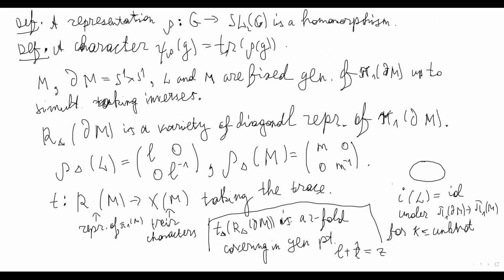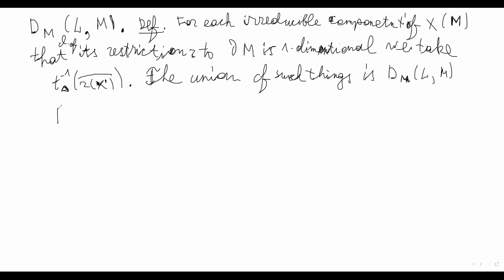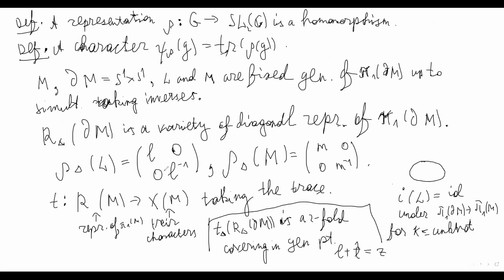Then we want to say that this rho diagonal is given by two numbers L and M, so we say that it is isomorphic to the invertible complex numbers times invertible complex numbers, because L is not 0, since we need L to the power -1, and M is not 0 also.